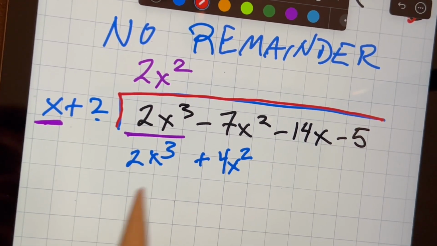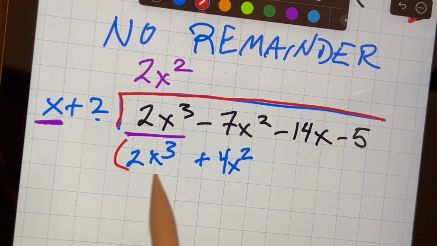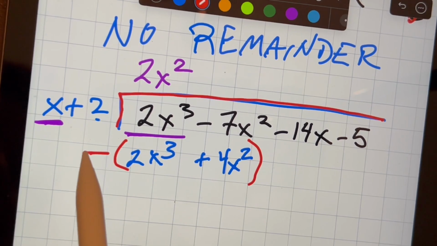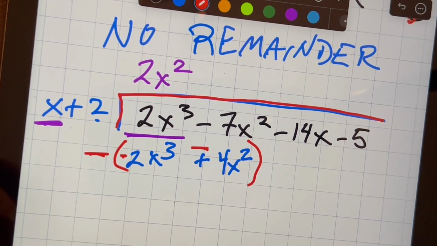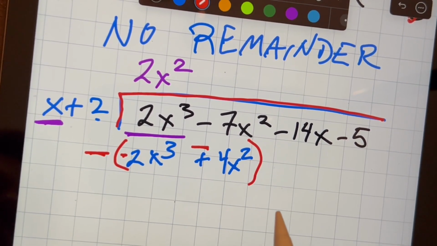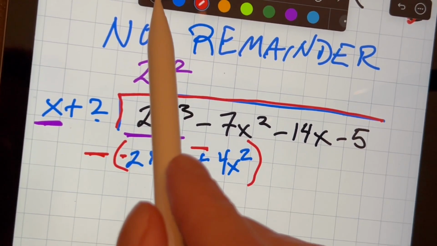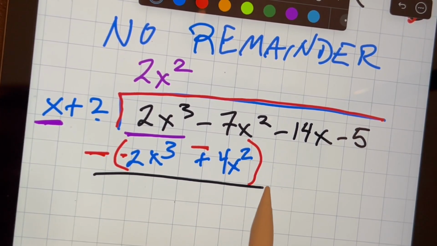Now, just like division, you subtract, but you're subtracting the whole thing. So yes, you subtract this, but that means this becomes a minus. You distribute the negative. You might say, Ms. Thompson, why did you do that extra step? I do the extra step because it helps me make sure that I keep my sign.